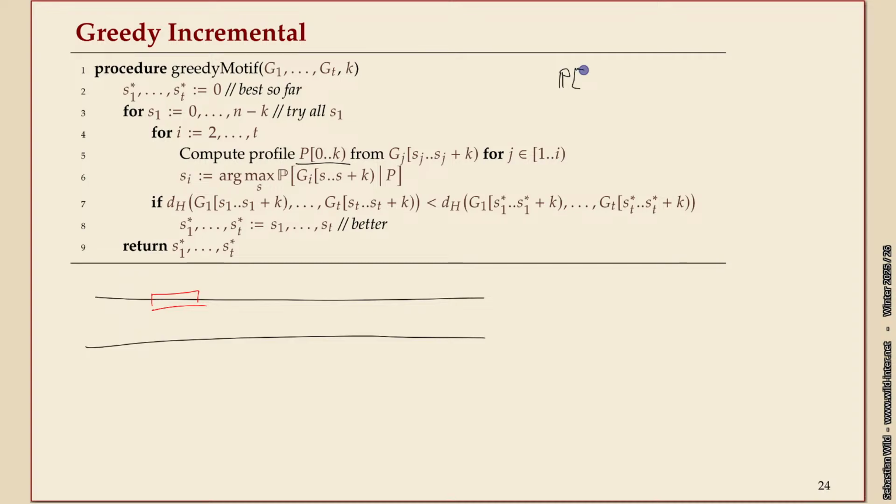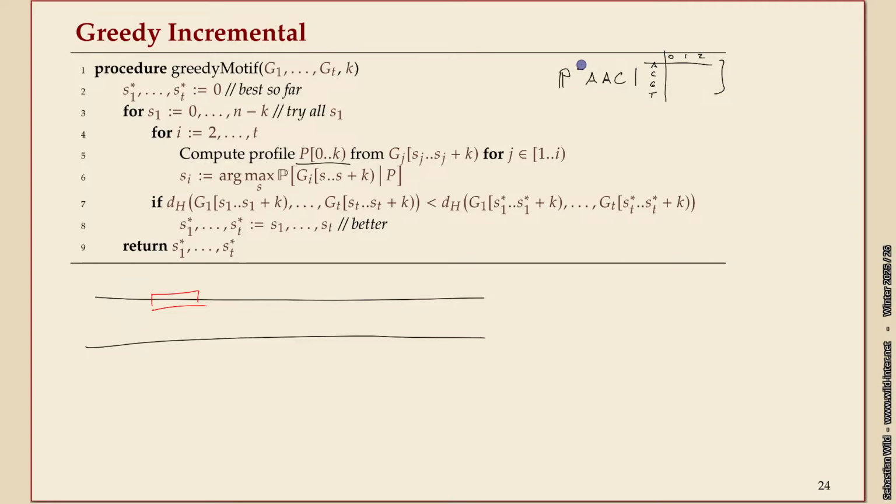Maybe we do a tiny example just to make sure the definition is understood. If the profile looks like, so I have A, C, G, T, then I have the columns 0, 1, 2.